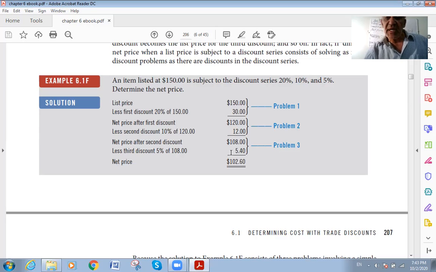Then can I do all this in just one line to get this final number, 102.6? Yes, I can do this. Yes, for sure. Let's see.